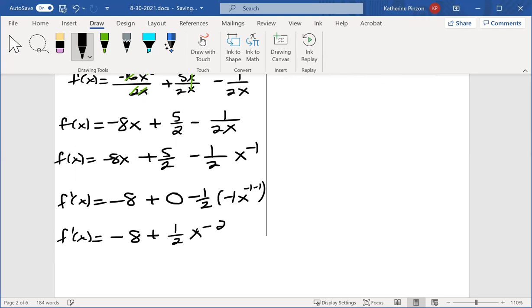So really the only simplifying I do when I'm taking derivatives is multiplying constants together. And the more you practice, you're just going to do this in your head. You're not going to write negative 1/2 times negative 1. You're going to write it as positive 1/2. And you're not going to write negative 1 minus 1. You're going to write it as negative 2. So this step is going to be done in your head as you practice more derivatives.